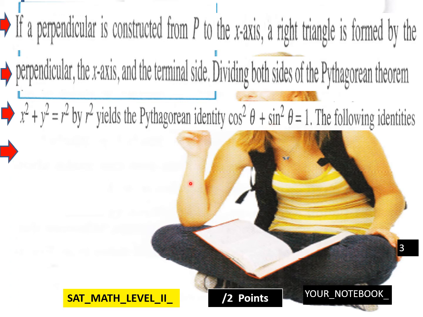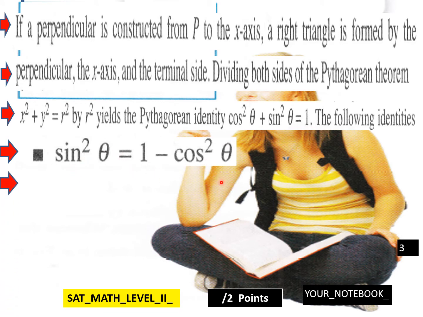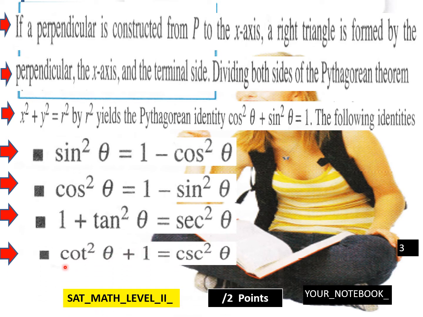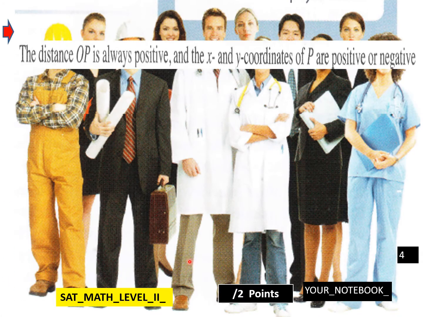The following identities: sine squared theta equals 1 minus cosine squared theta, cosine squared theta equals 1 minus sine squared theta, 1 plus tan squared theta equals secant squared theta, and cotan squared theta plus 1 equals cosecant squared theta. That's where those come from.